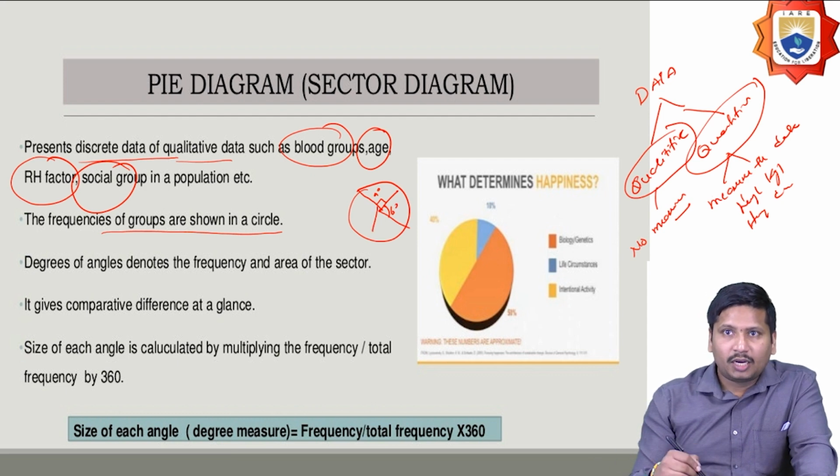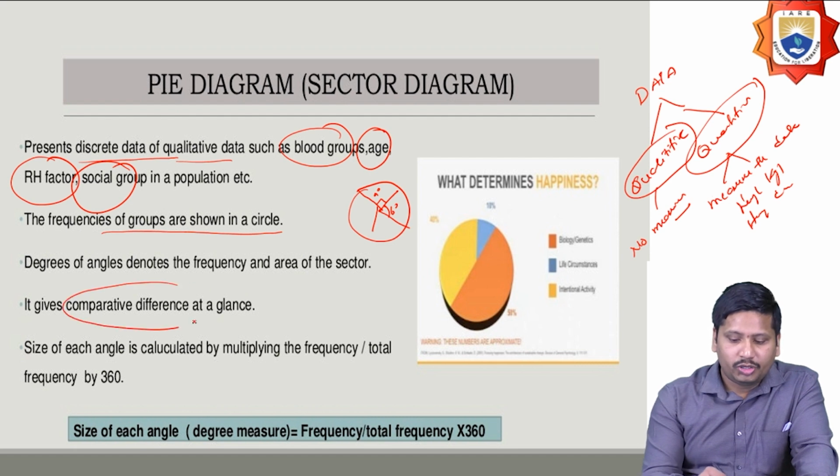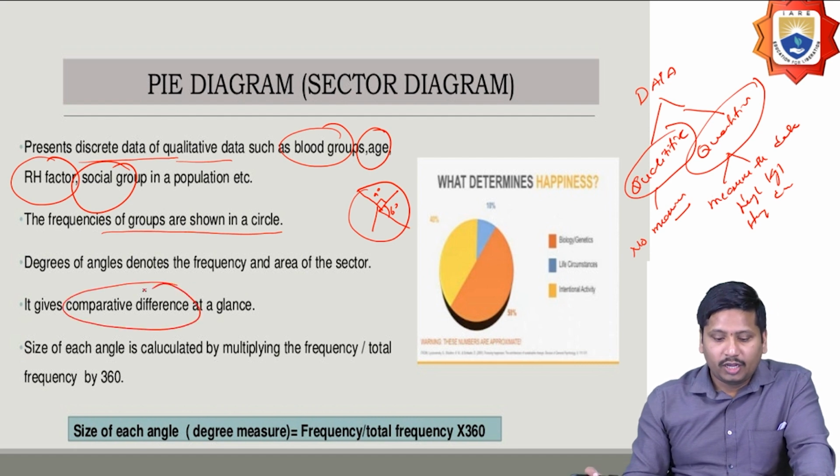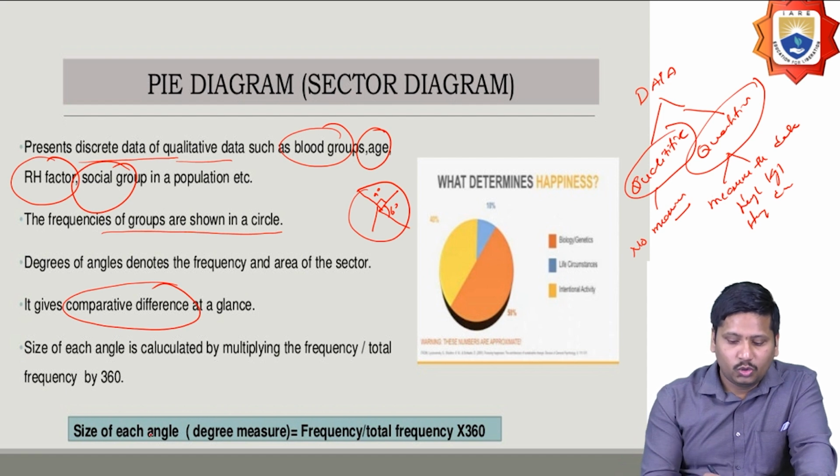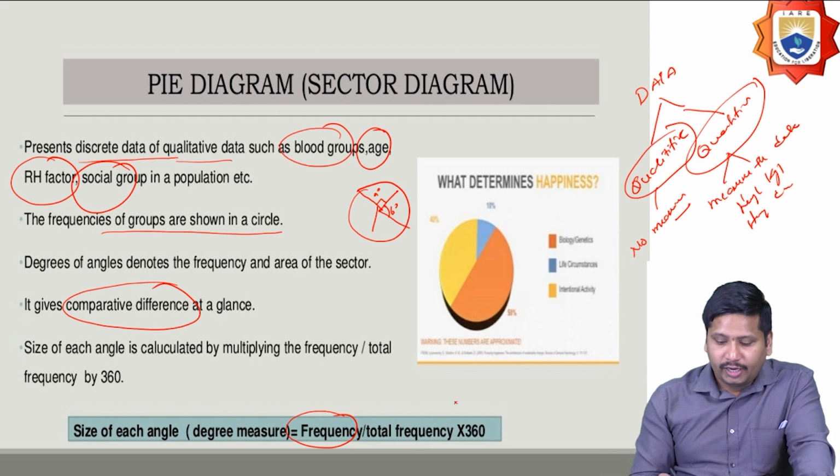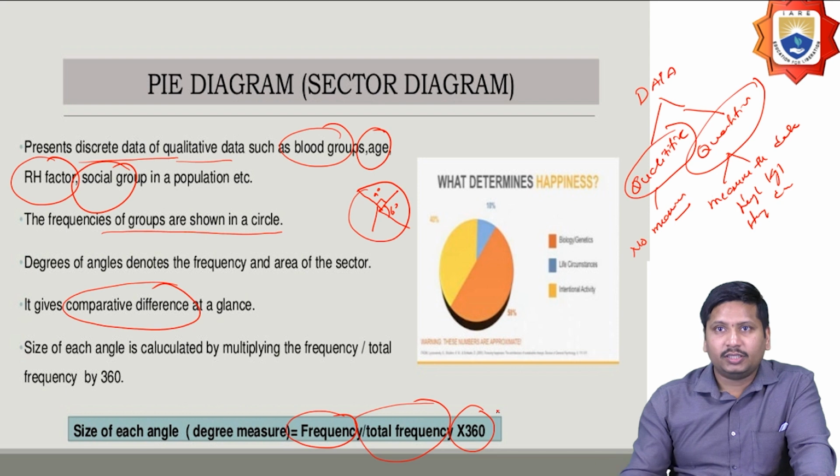Through the pie diagram, you can see the comparative difference at a glance, and each angle is calculated as frequency by total frequency, multiplied by 360.